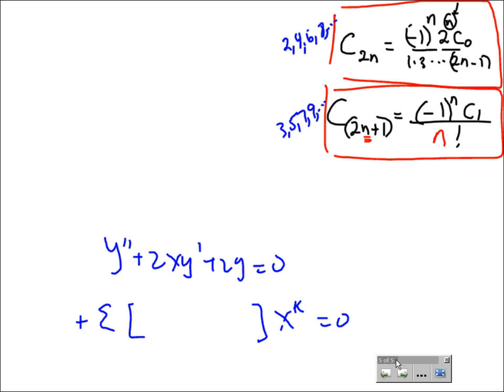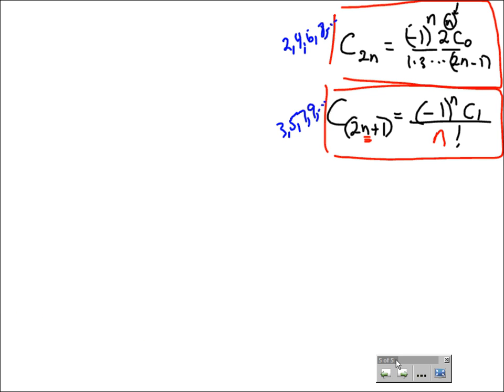We didn't have something like 2c sub 2. Because if we did, then I would say c sub 2 is 0. So the free or open constants here are going to be c0 and c sub 1.